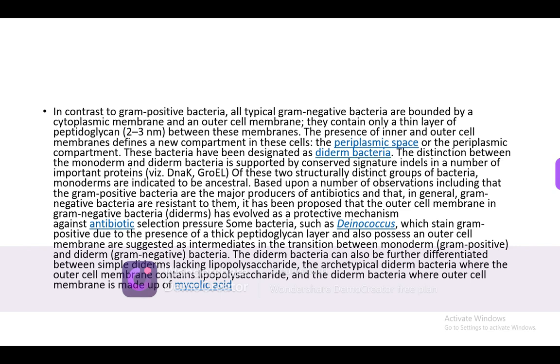Some bacteria, such as Deinococcus, which stain gram-positive but have an outer membrane, are intermediate in the transition between the monoderm, gram-positive, and the diderm, gram-negative bacteria.